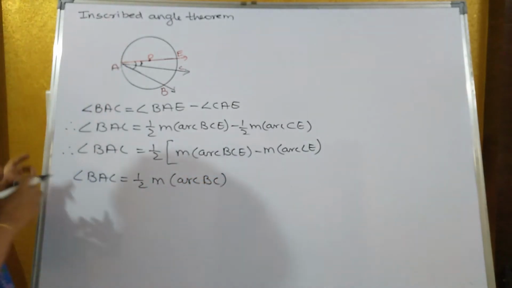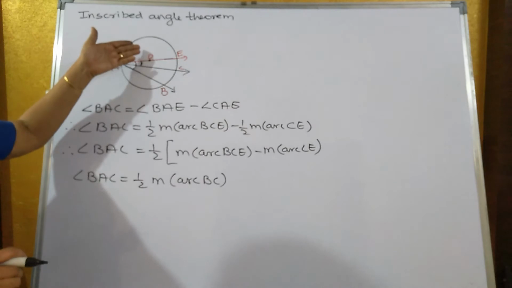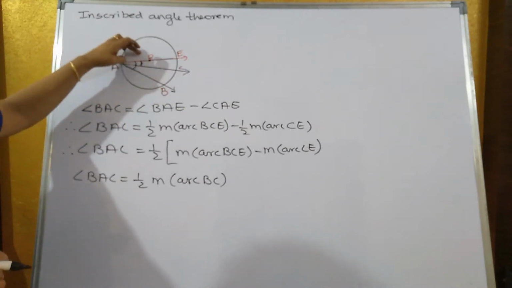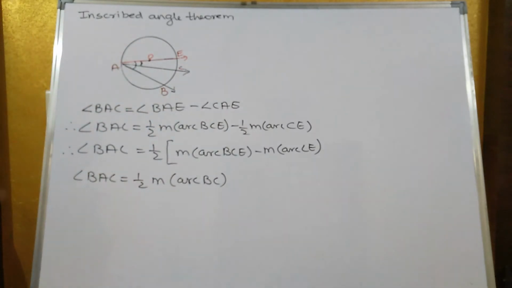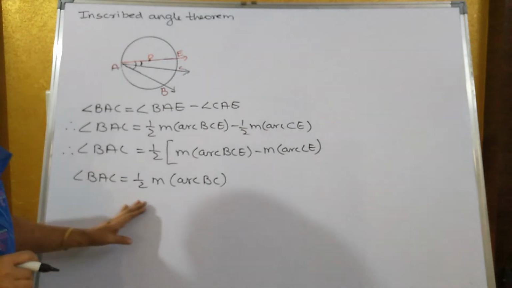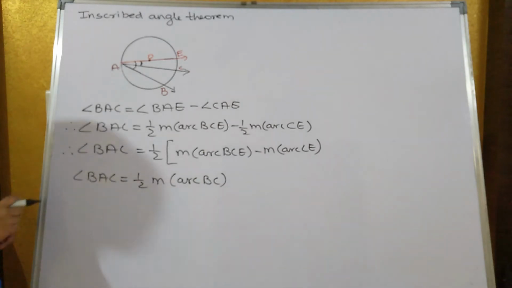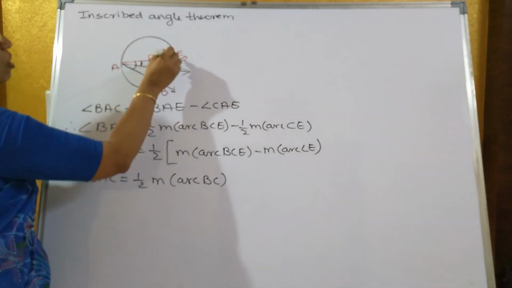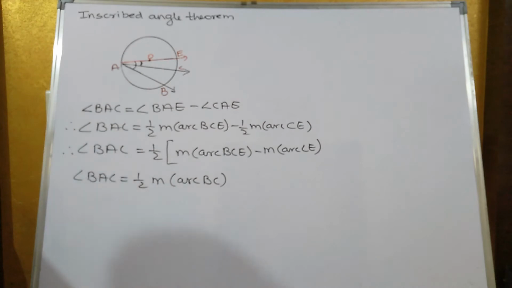So when the center is inside the inscribed angle or outside the inscribed angle, or on one of the arms of the inscribed angle, the answer will always be the same, only that the inscribed angle is always half of the intercepted arc.